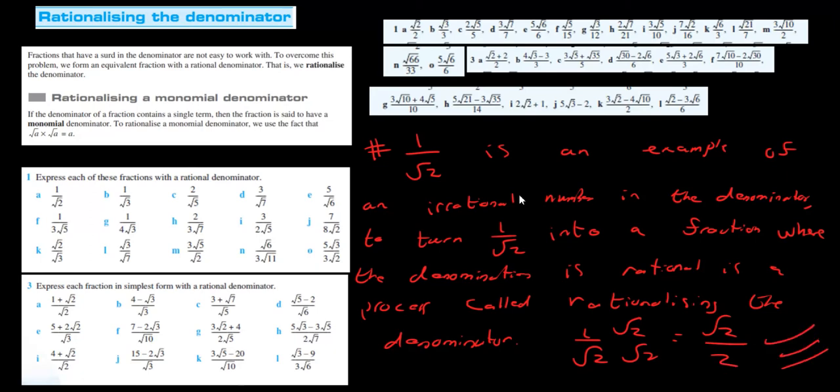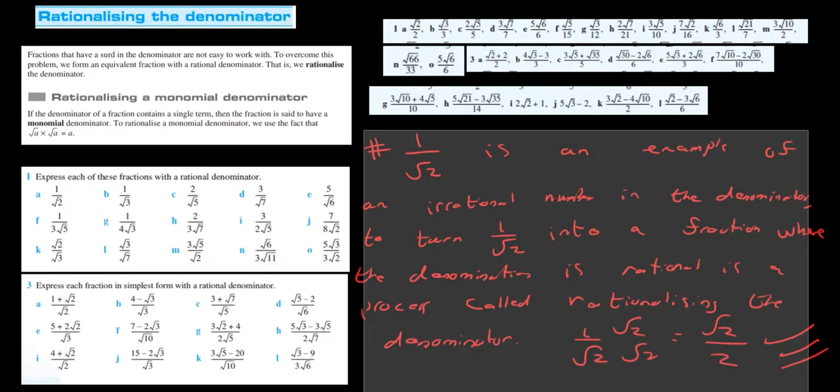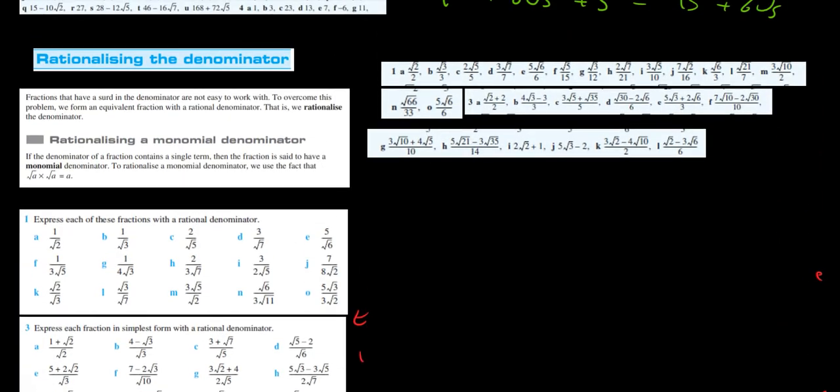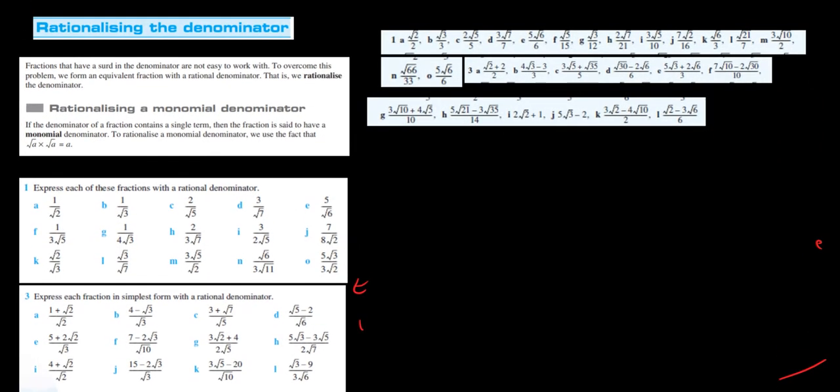So let's rationalize this denominator. Done. Okay, so have a go at doing exercise 1. Just a little note on exercise 1, we say that these are monomial in the denominator.